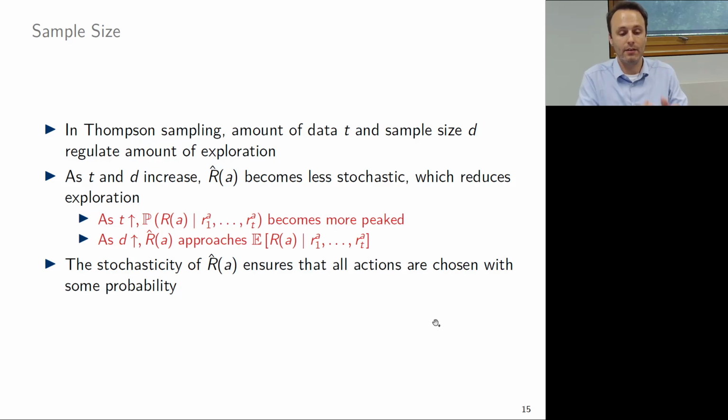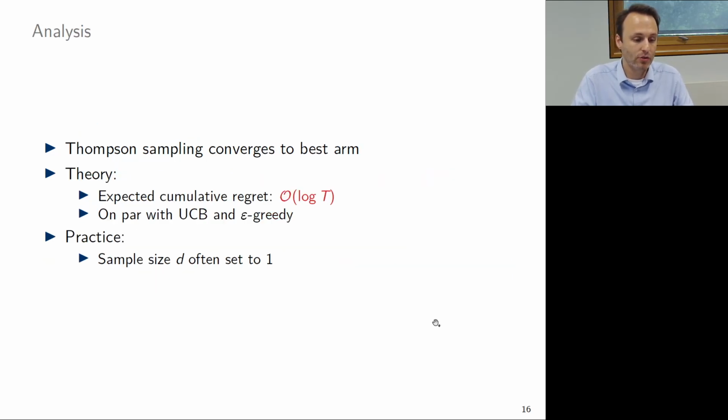So then we have less exploration here. So in practice, people set the draws to 1 to not shut down exploration too much. So that's actually what is up also here on this slide. Other than that, Thompson sampling converges to the best arm, and its cumulative regret grows logarithmically. So it's on par with UCB and epsilon greedy.